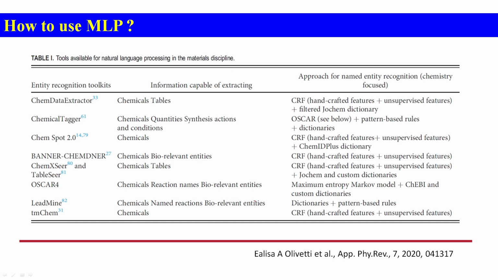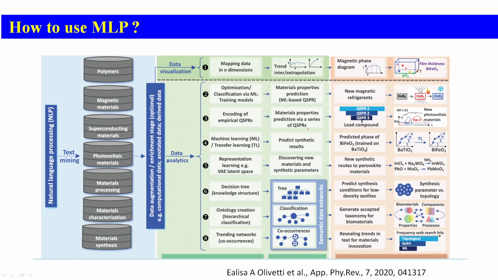Each of these extracts information differently, like ChemDataExtractor handles chemical tables, ChemSpot handles chemicals. The approaches they use include CRF and OSCAR; there are two important approaches, which use all the features of NLP by the way.